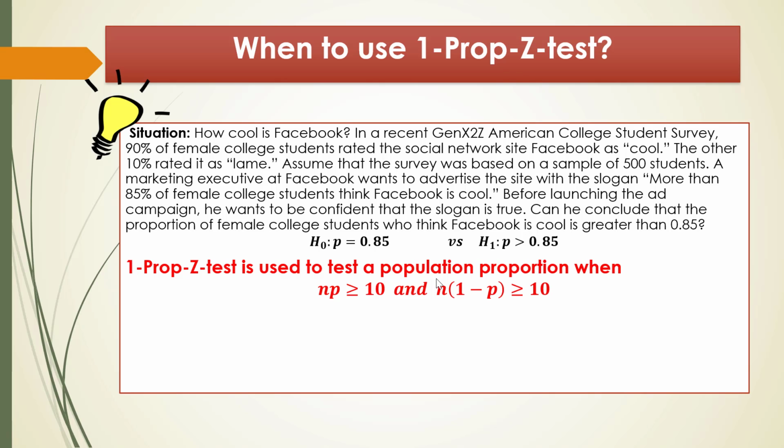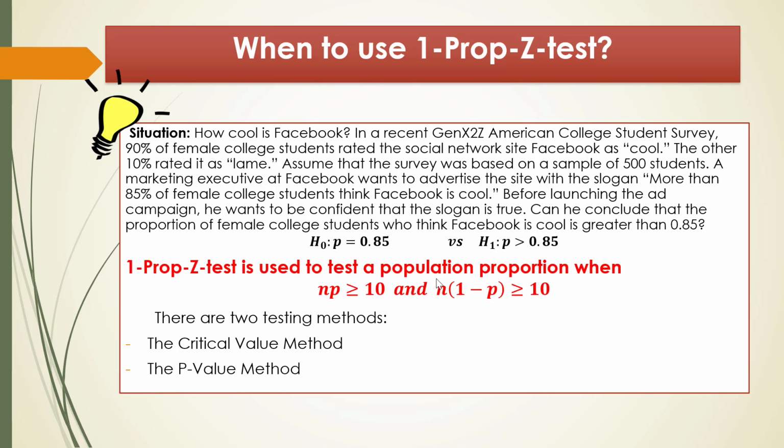So basically, hypothesis testing makes use of the central limit theorem. And to perform a one proportion z-test, we have two methods, the critical value method and the p-value method.